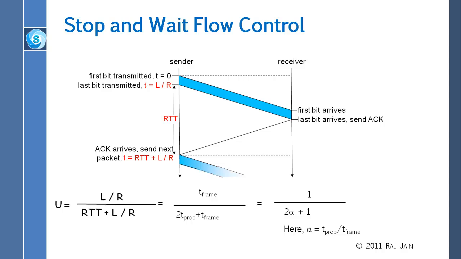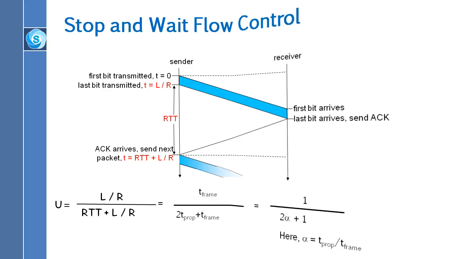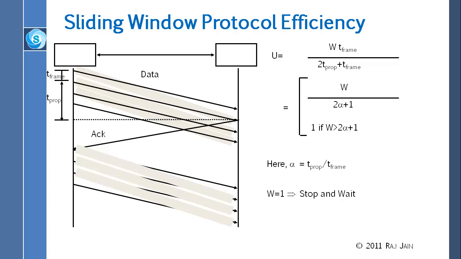Right now you can remember it in one of these many ways. One way is to write like this, another way is to write like this, and a third way is to write like that. All 3 are equal. But remember, alpha is prop to frame.